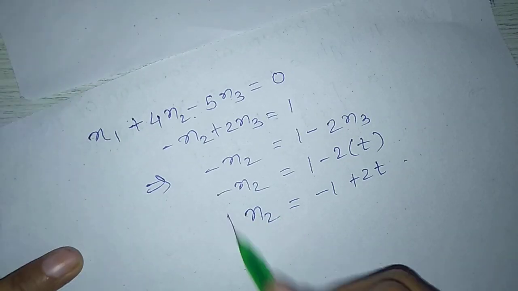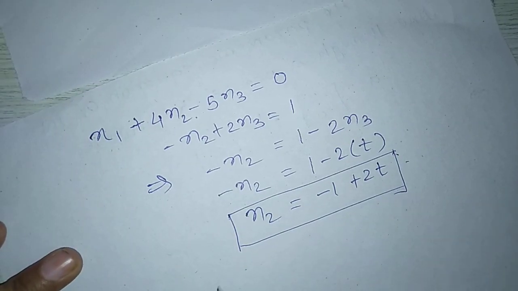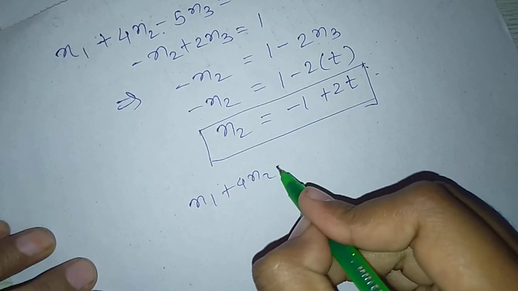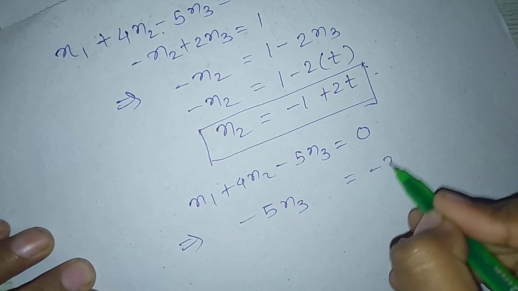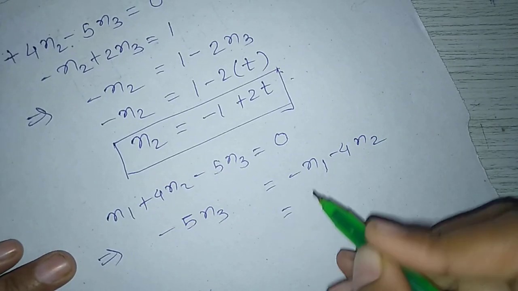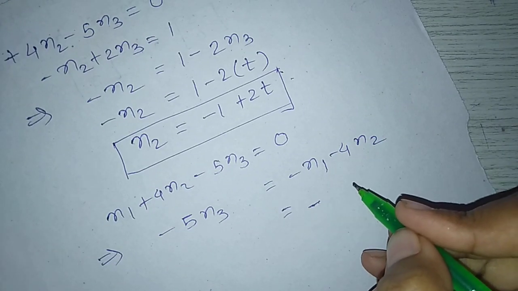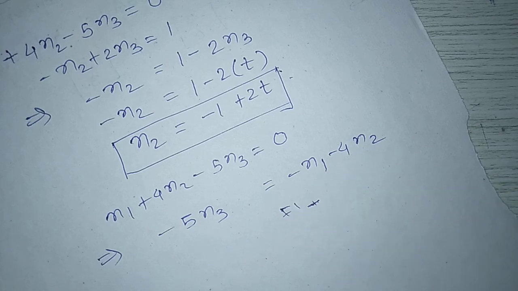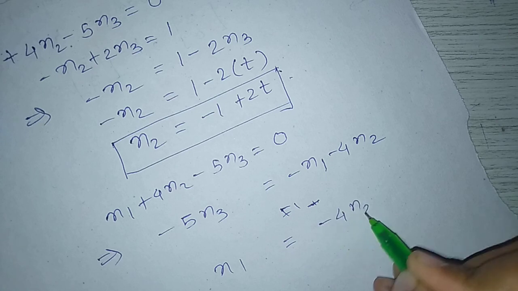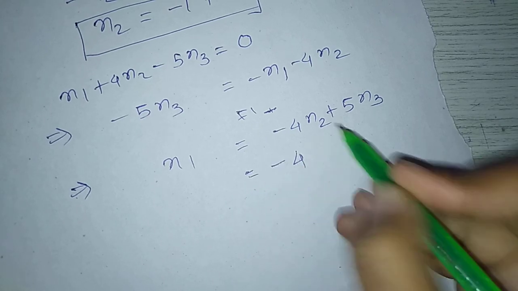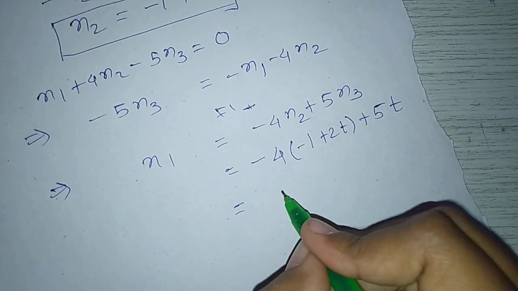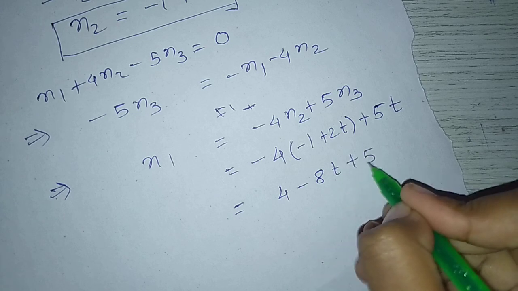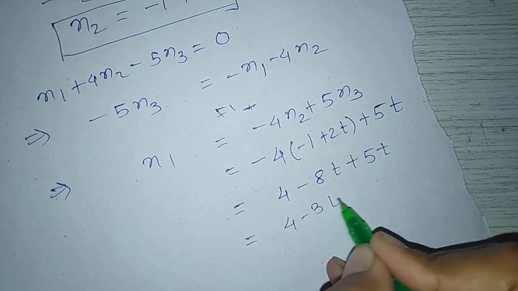Next, to find the value of x1, from x1 plus 4x2 minus 5x3 equal to 0, we get x1 equal to minus 4x2 plus 5x3, which is minus 4 times (minus 1 plus 2t) plus 5t, which is equal to 4 minus 8t plus 5t, equal to 4 minus 3t.